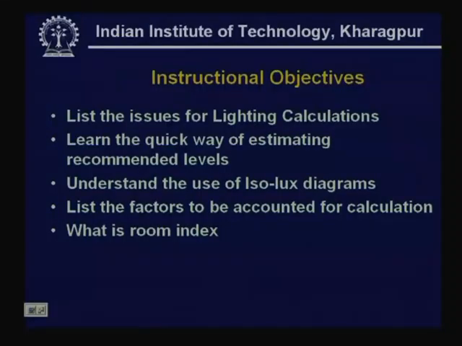If you see, most of our interiors are cuboidal, and the most convenient arrangement is in the form of a matrix. That is, you have a certain number of lamps located along a row, and there could be a number of columns. So, the room index is a way of specifying these things according to CIE.